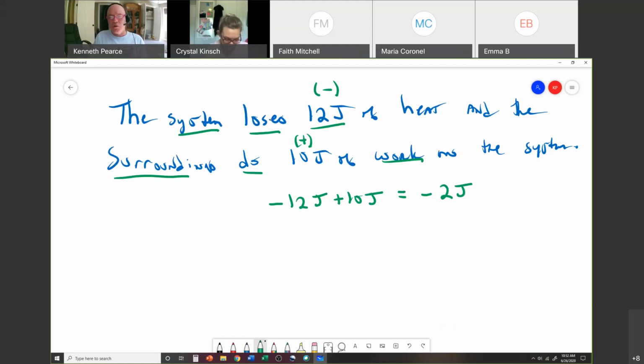And that is delta E of the system. And that's really all you can do with this delta E equals Q plus W. But this is always assuming that the work is some sort of pressure volume work.